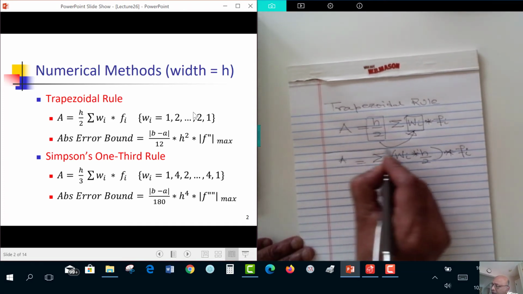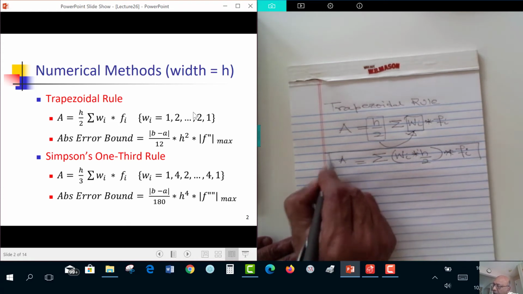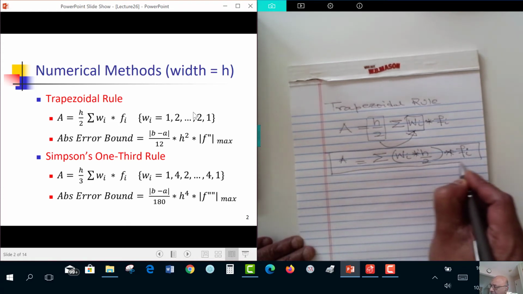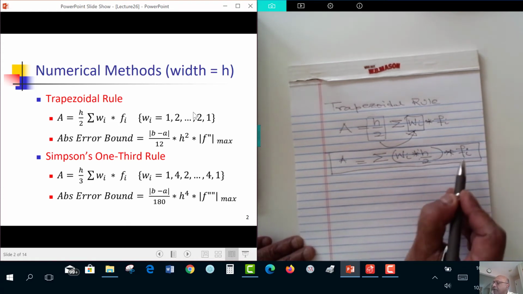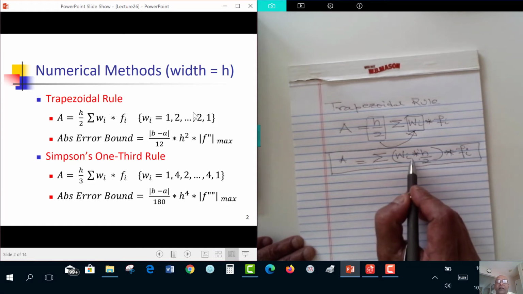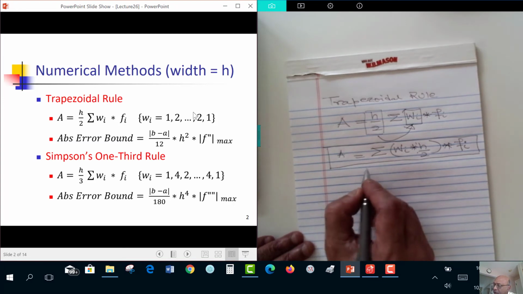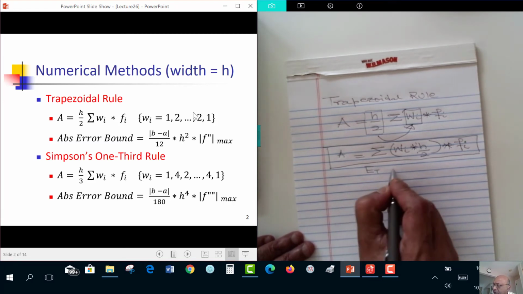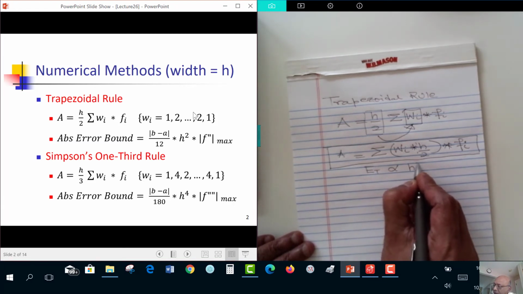This is what we are going to see throughout: all the methods are basically about how we should weigh the function values and sum them, and that turns into the area. And of course, with the trapezoidal rule, we found that our truncation error was proportional to h squared.